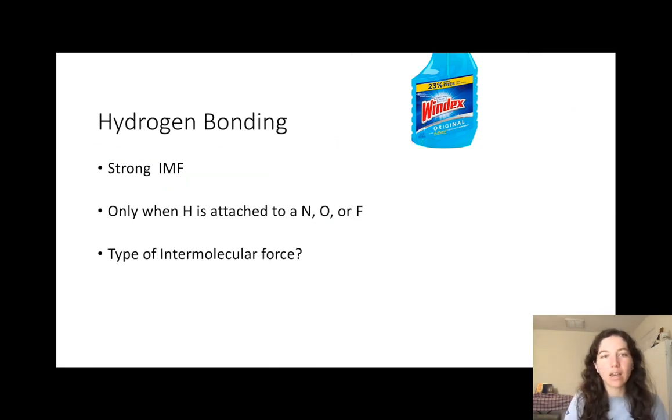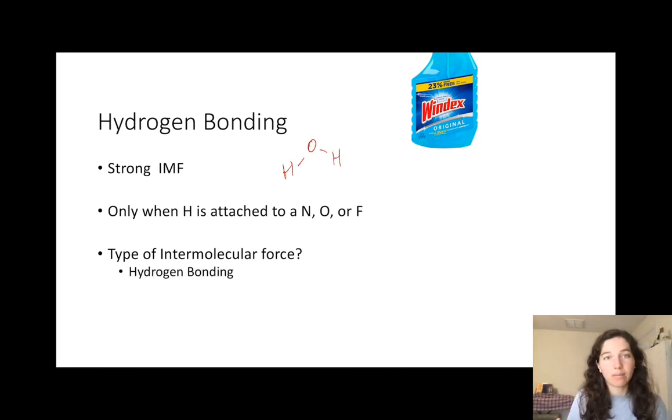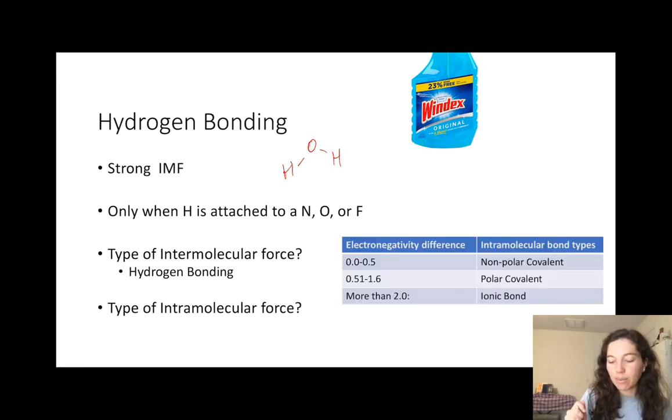Okay, so let's take a look at our overview. The type of intermolecular force in, say, water here is hydrogen bonding. What about our intramolecular force? What kind of intramolecular force is in a molecule that has hydrogen bonding? What you're going to find is that they're going to fall in this range here.